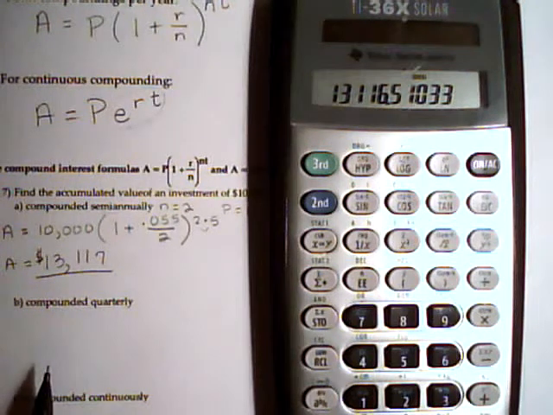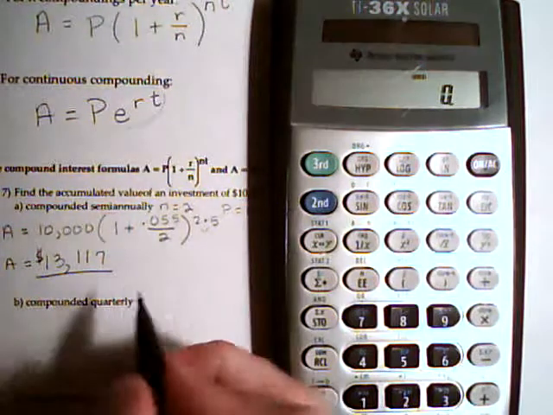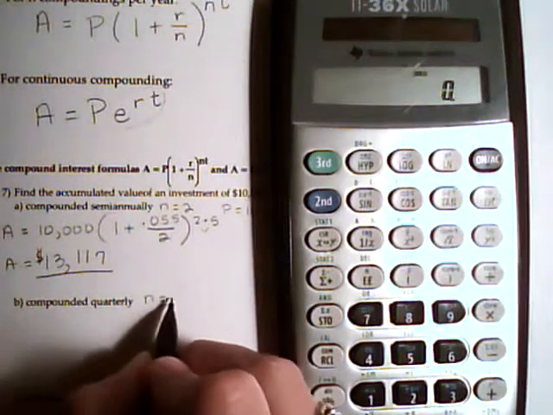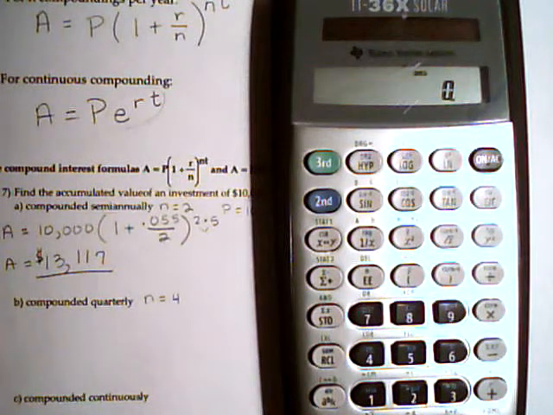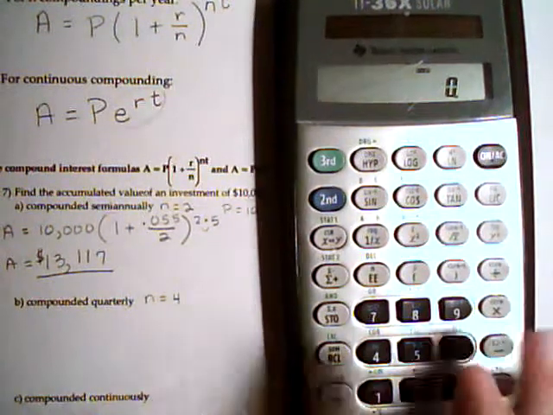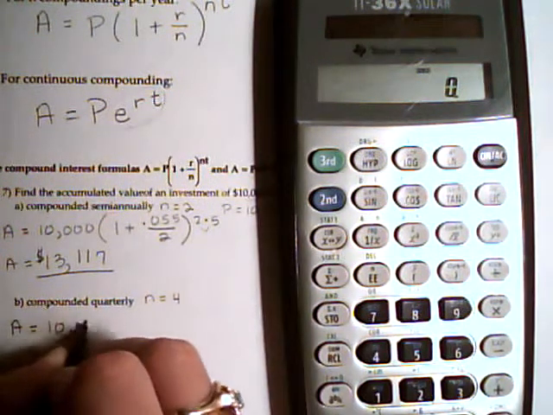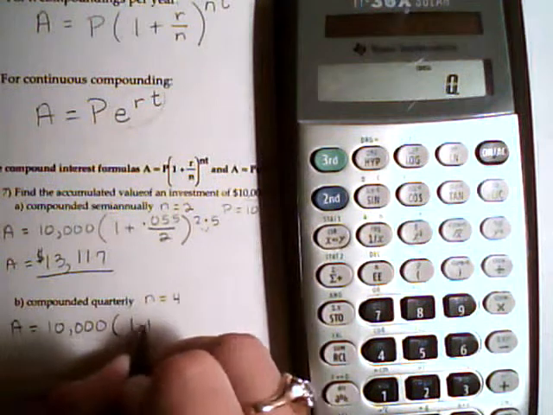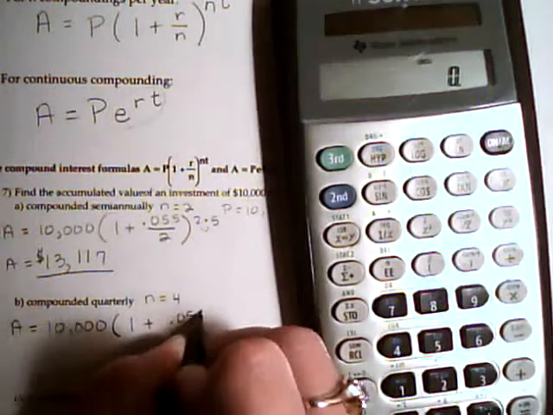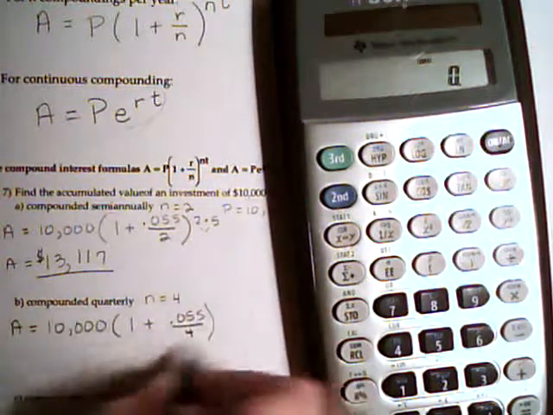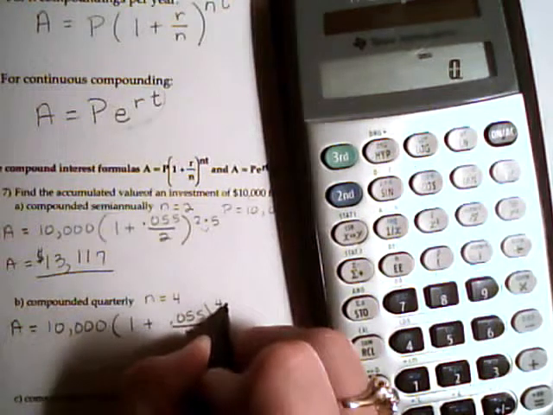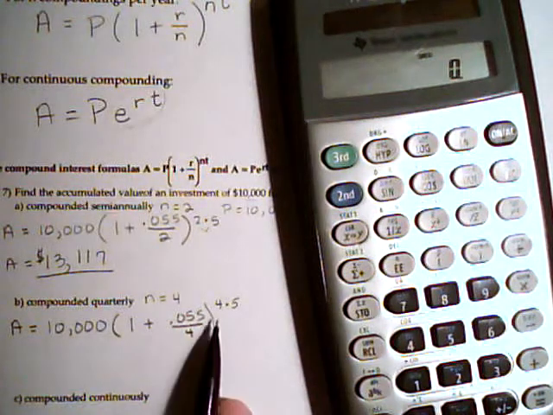Part B says compounded quarterly. Quarterly means 4 times a year, so my n value would actually be equal to 4. Everything else is the same, so I would have A equals 10,000 times (1 plus 0.055 over 4) this time, raised to the 4 times 5, so that would be 20.